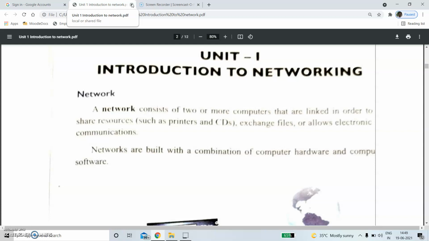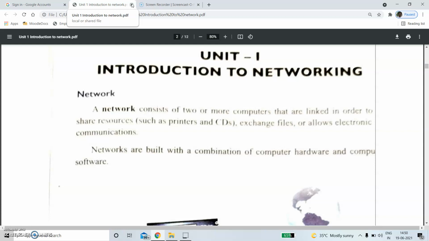It consists of two or more computers that are linked in order to share resources such as a printer, CD, or exchange files, or allow electronic communication. If we are connecting two or more computers for the purpose of sharing resources, then it is said to be a network. Why do we connect two or more computers?